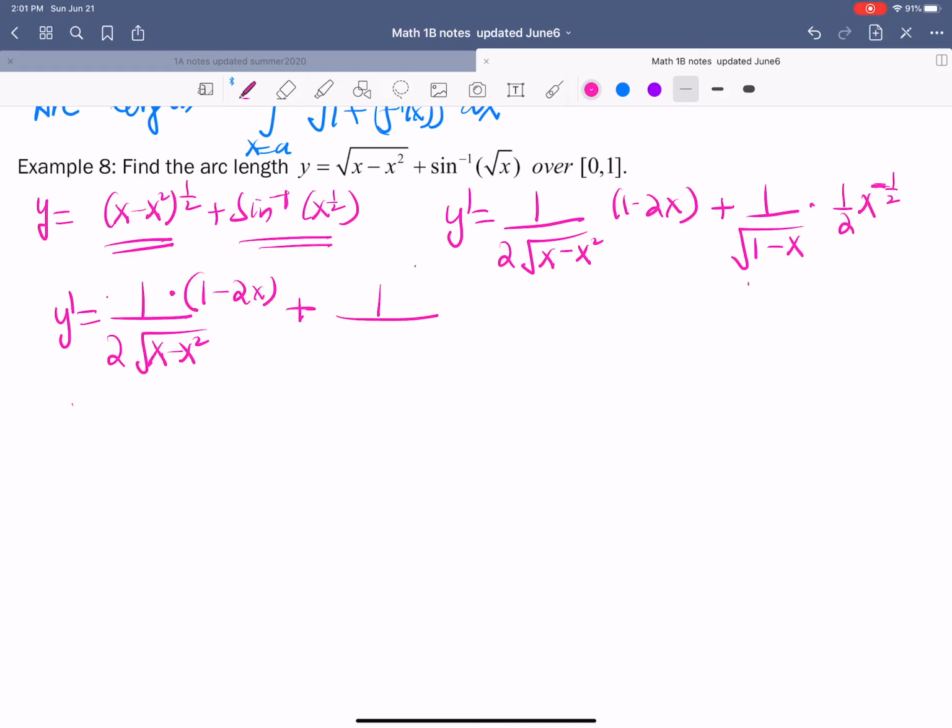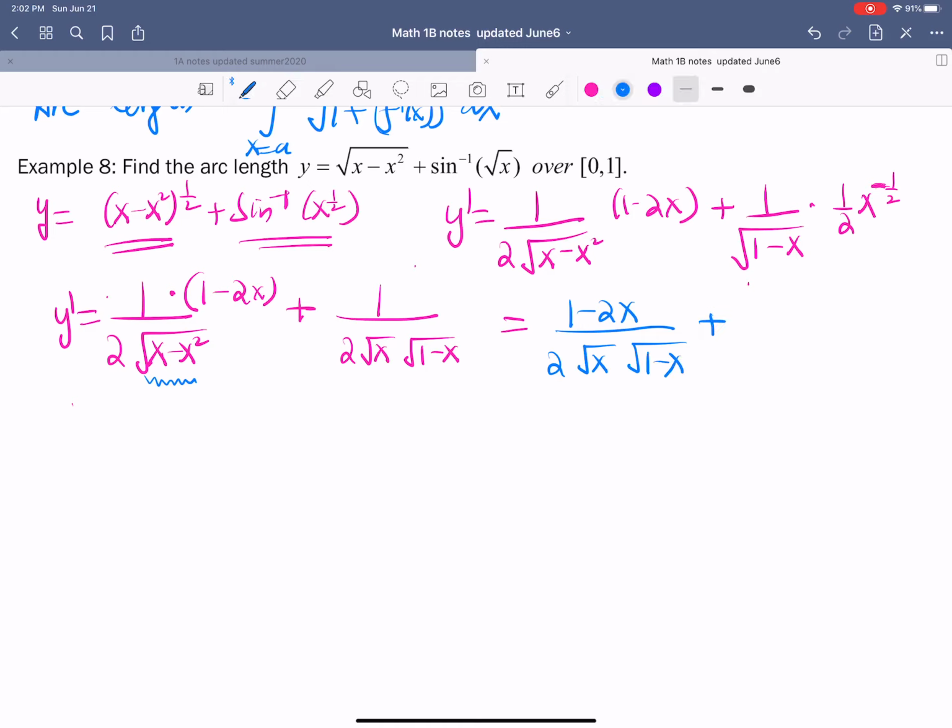The second fraction, we have 1 over 2 root x root 1 minus x. Okay, cool. Looks good. And now we can pull out an x from this square root. So in the numerator, I have 1 minus 2x over 2 root x root 1 minus x.